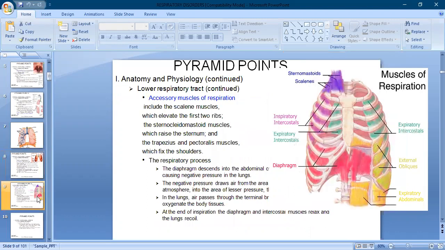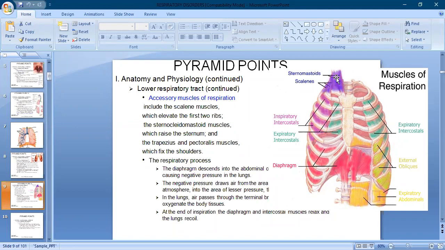And here we go next. The respiratory muscles basically help us in respiration. This picture shows the muscles of respiration. There are 3 muscles at the top.